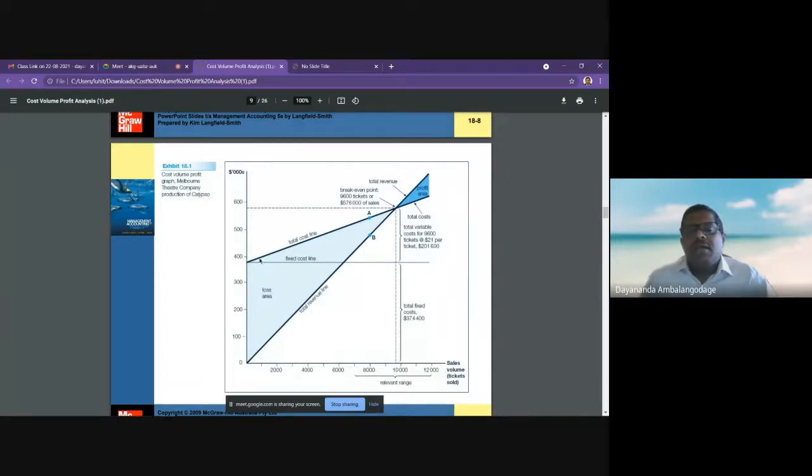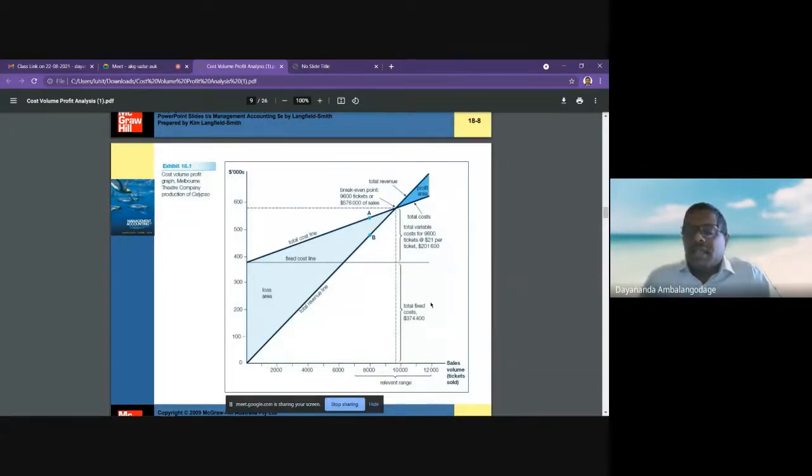So in cost volume profit analysis, unit variable cost is constant. So thereby your total cost curve is very linear. That is the number 2 assumption.